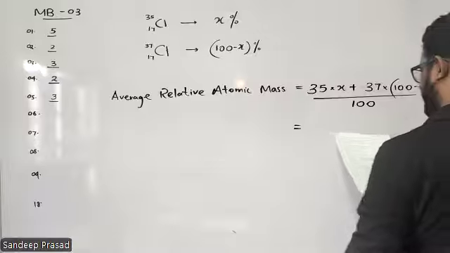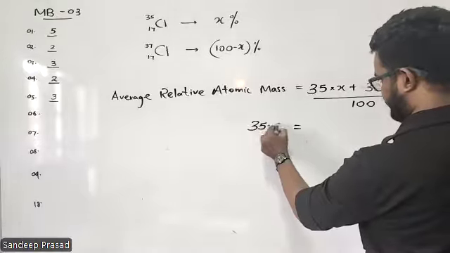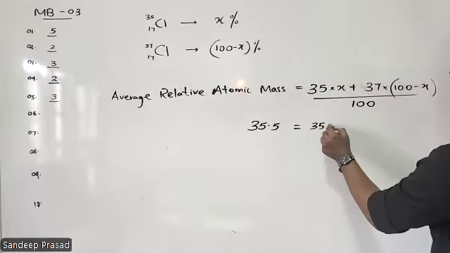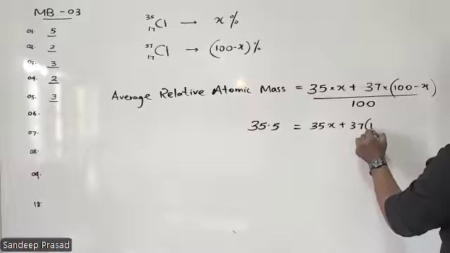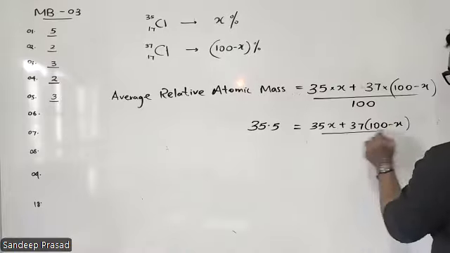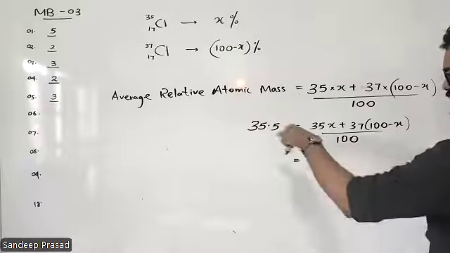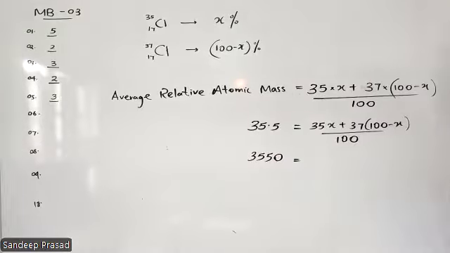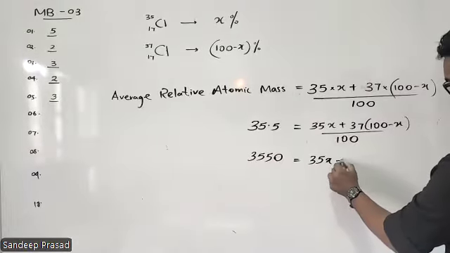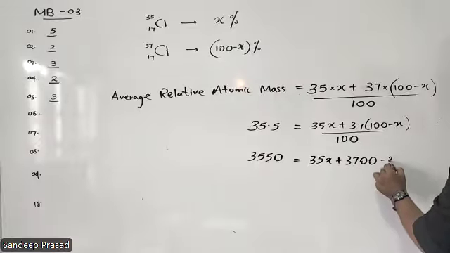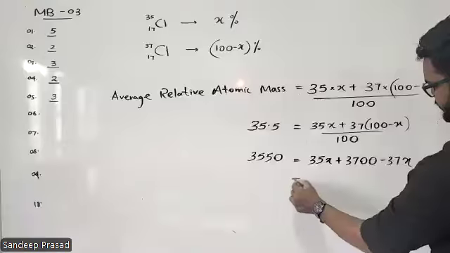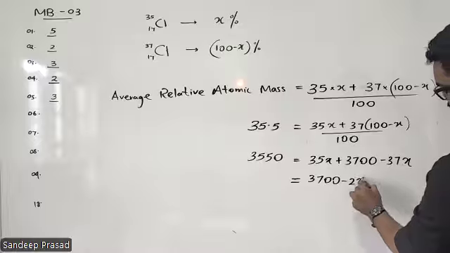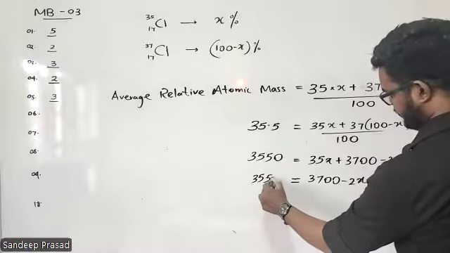We know that the average relative atomic mass is 35.5. You can shift 100 to the left side, then 35.5 multiplied by 100 is 3,550. And here 35X plus 3,700 minus 37X. Then we have 3,700 minus 2X equals 3,550.